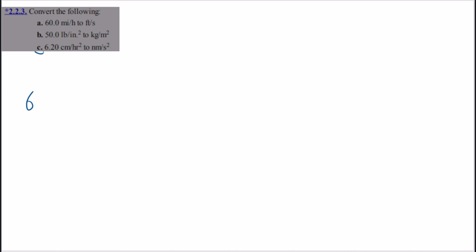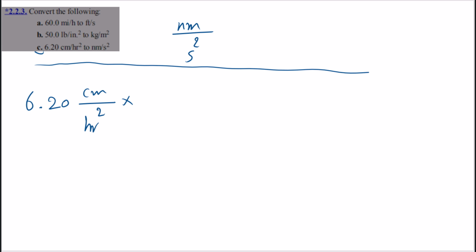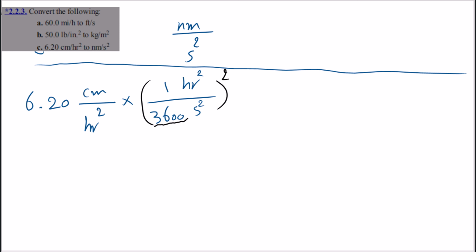Let's go to the next part. Part C. 6.20 centimeters per square hour must be converted to nanometers per square second. We must first of all convert hour to second. You know that 1 hour equals 3600 seconds, and if we have the square of it, the square is for all the numbers. I mean, you should power this too.